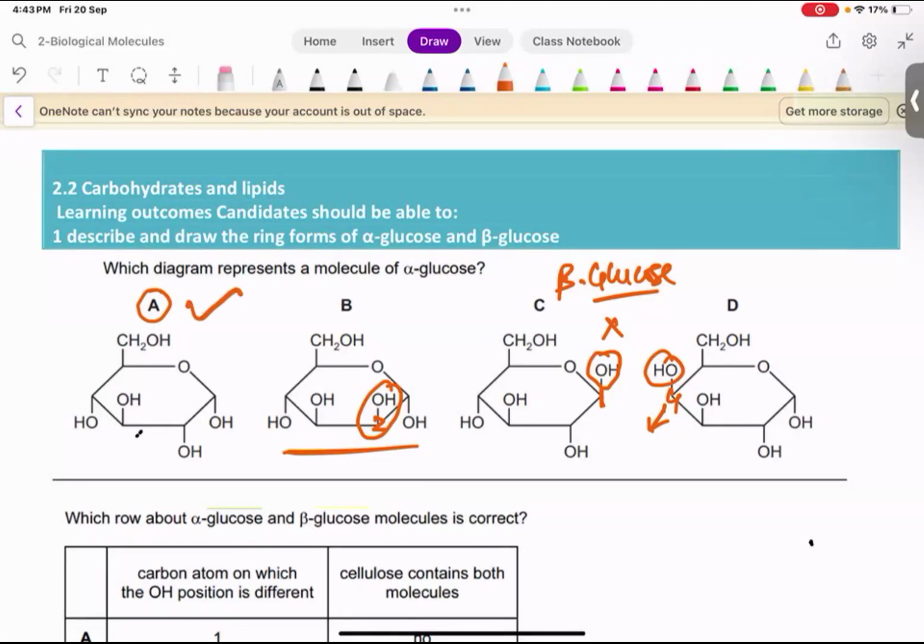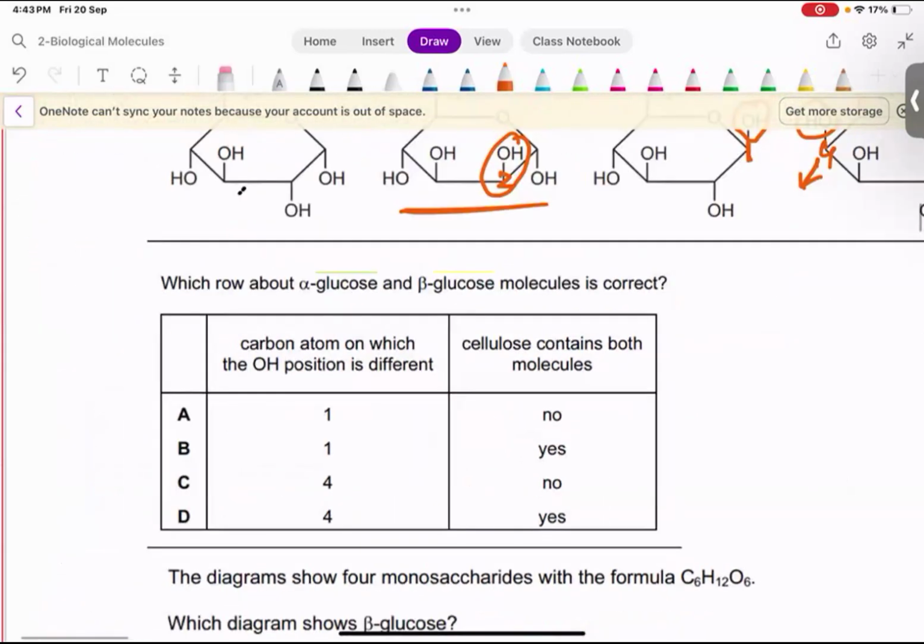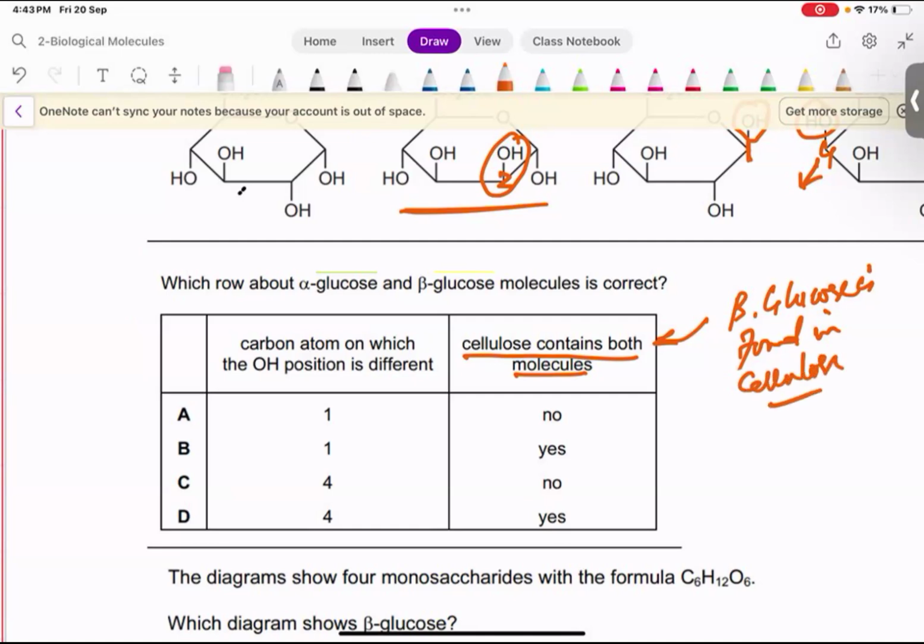So let's see this, which row about alpha glucose and beta glucose molecules is correct. We haven't discussed this, cellulose contains which molecule. So beta glucose is found in cellulose, and alpha is found in starch, glycogen, etc. So what should be the correct choice in this case?